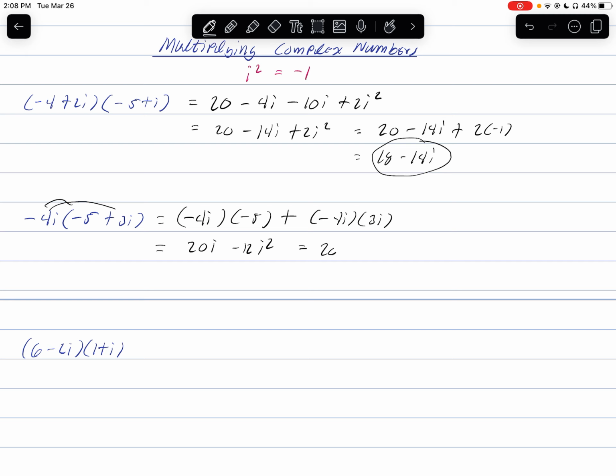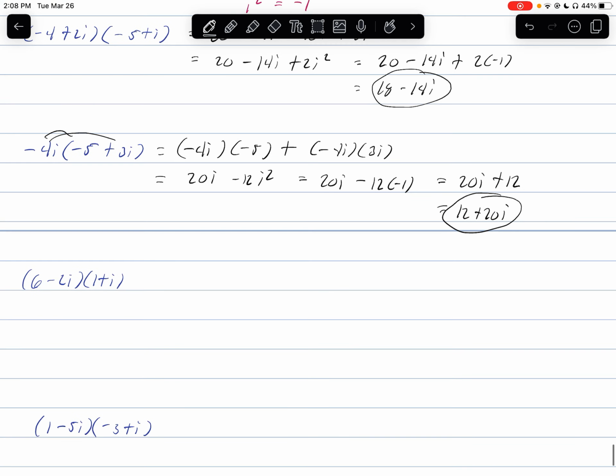So this is going to be 20i minus 12 times -1, which is equal to 20i plus 12. And remember, like I said before, usually it's customary to write it in the form a plus bi. So usually we would write this as 12 plus 20i. And again, you're not wrong for writing it as 20i plus 12, but 12 plus 20i is the way it is usually written. So I would encourage you to write it that way.